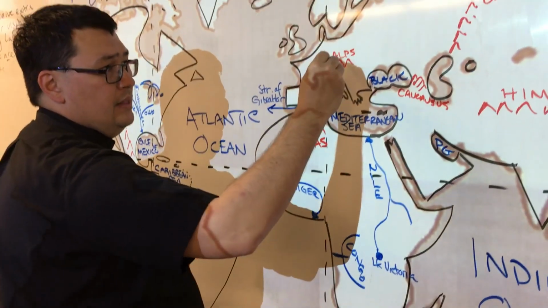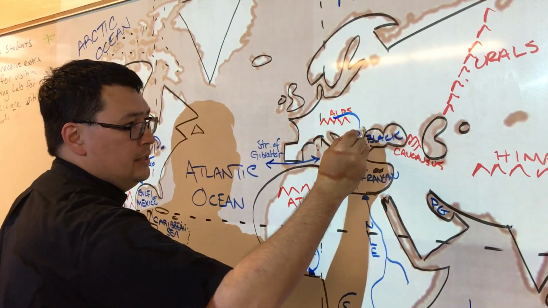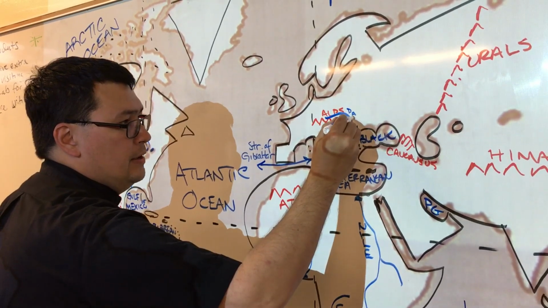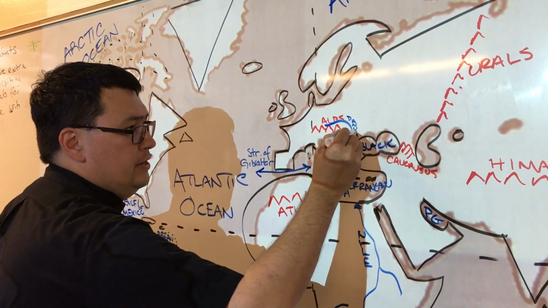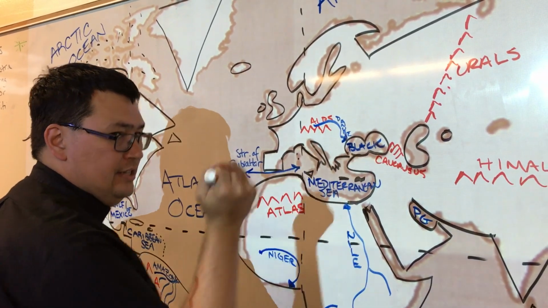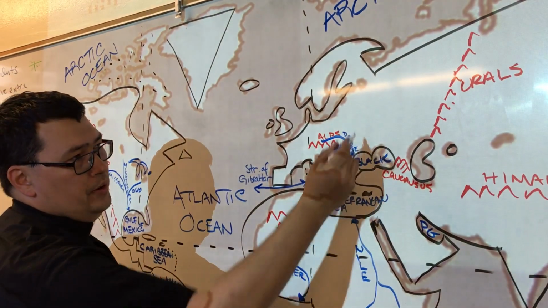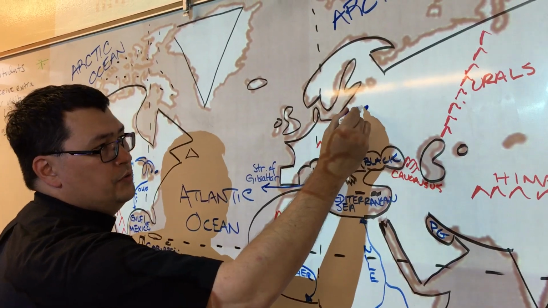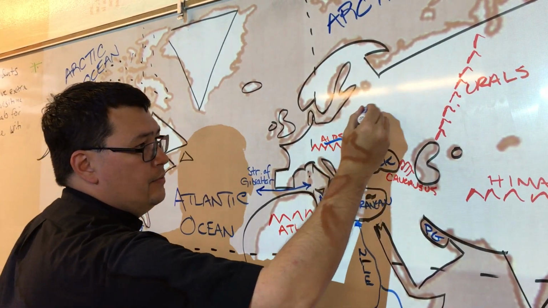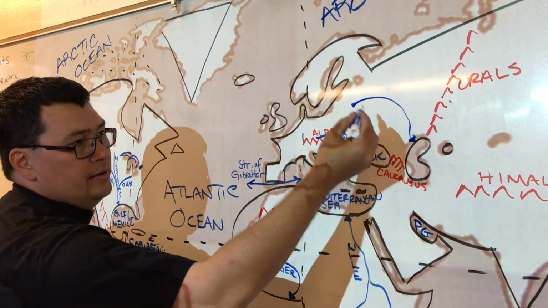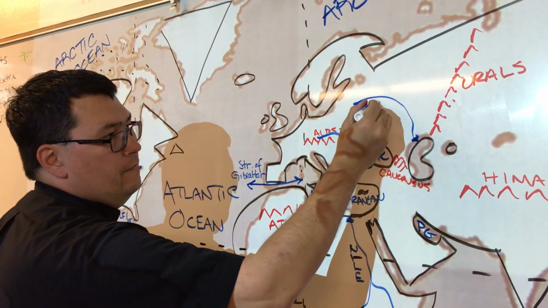The first comes out of the Alps and goes into the Black Sea, and this is the Danube, D-A-N-U-B-E. Danube. The second river in Europe starts here, moves through the land of vodka in Russia, and moves into the Caspian Sea. And this is the Volga.